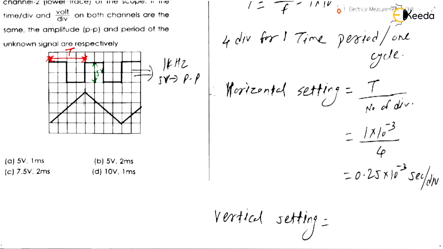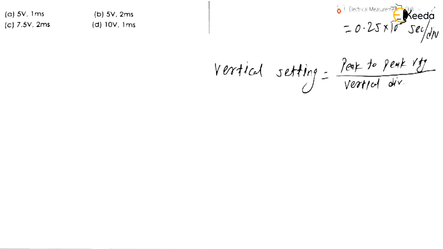So vertical setting is equal to peak to peak voltage divided by vertical divisions. The peak to peak voltage is 5 volt divided by 2 vertical divisions, so it is equal to 2.5 volt per division. This is the vertical setting.